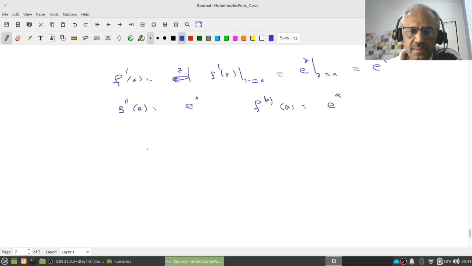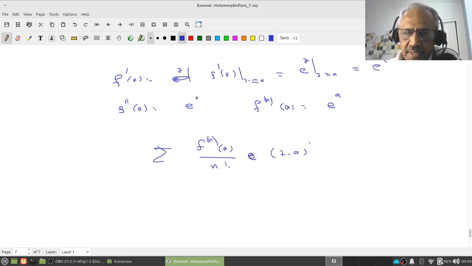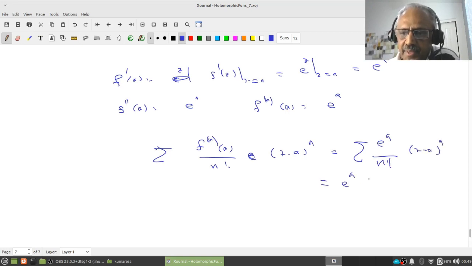right? Therefore what should be the Taylor expansion? Nth derivative of a by n factorial into z minus a to the power n. This is e power a by n factorial into z minus a to the power n. Therefore it's e power a into 1 by n factorial, z minus a to the power n.